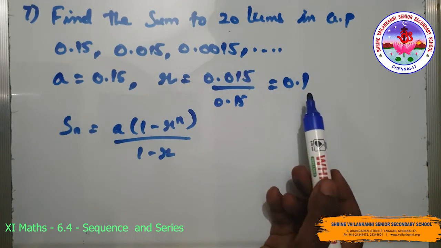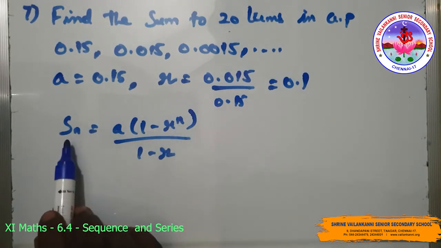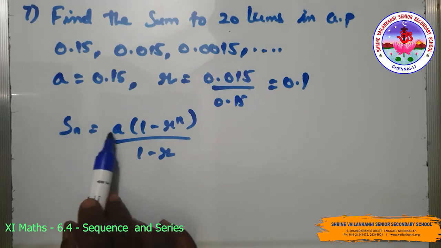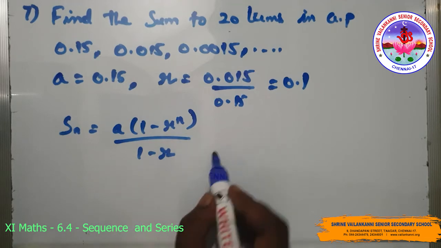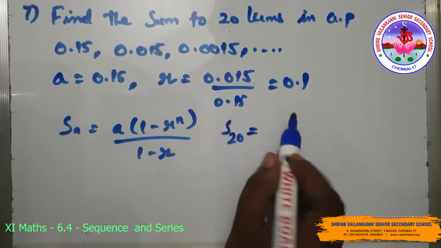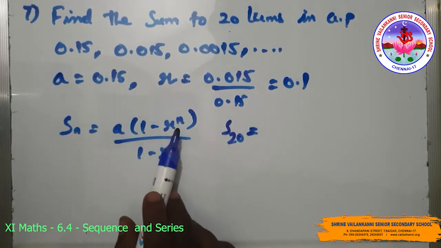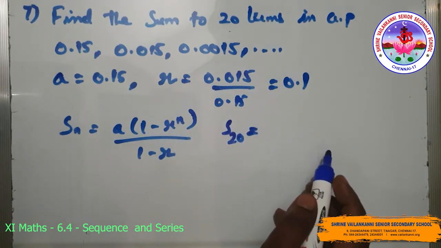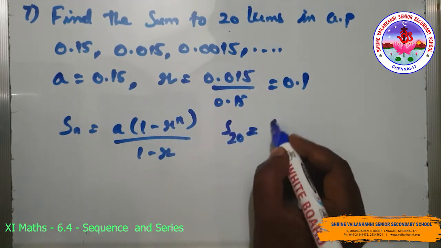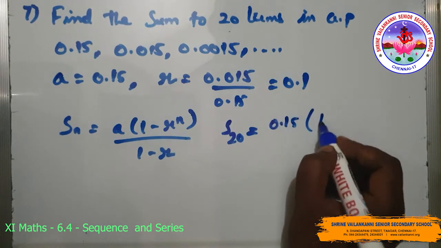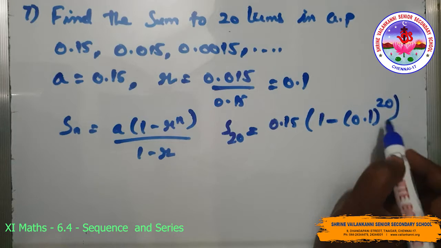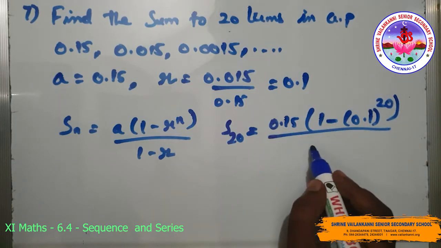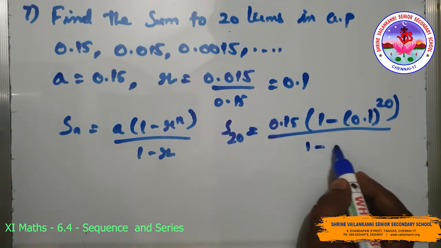So we have to find the sum to 20 terms. The sum of n terms is S_n equal to a into 1 minus r power n by 1 minus r. So S20 equals, with a as 0.15 and r as 0.1, 0.15 into 1 minus 0.1 power 20, divided by 1 minus 0.1.